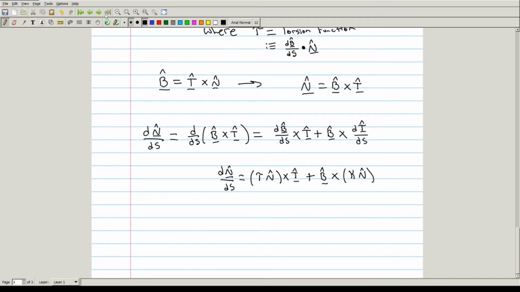So we can simplify this a little bit more. So the rate of change of the unit normal vector is going to be this tau times n hat cross t hat.